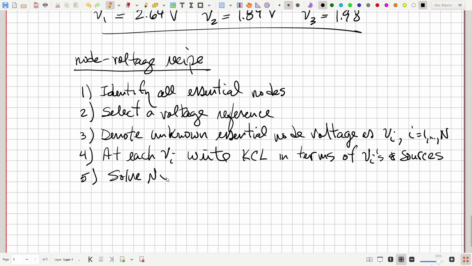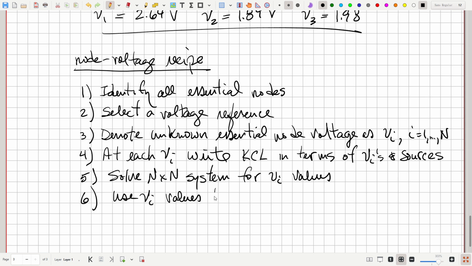Solve the N by N system for the Vi values. And at that point, you can use Vi values to calculate currents, and etc., powers, and anything else you want to know.